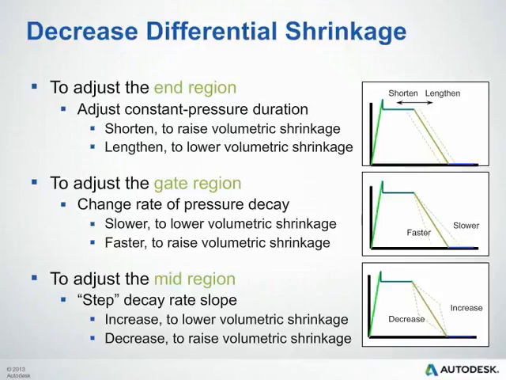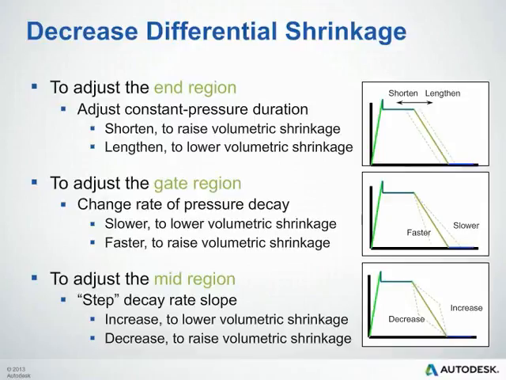And then to adjust the mid-region, which would be between the gate and last place to fill, we could put a step in that slope. If we increase it, that'll lower our volumetric shrinkage. If we decrease it, that can raise our volumetric shrinkage. You might say, why do I want to raise my volumetric shrinkage?